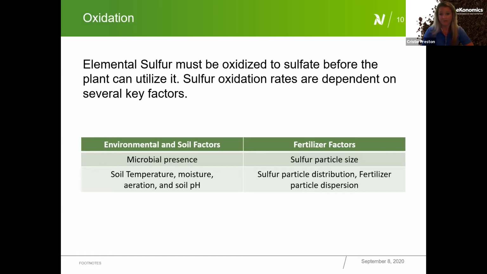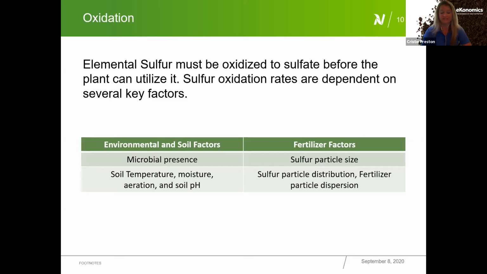And a lot of times we misinterpret oxidation rates, but I like to put them into two different categories, looking at the environmental and the soil factors, and then looking at the fertilizer factors. So again, it's a microbe-driven process.